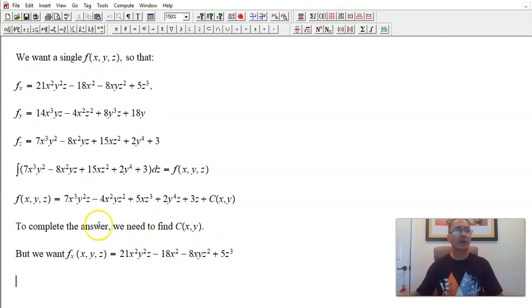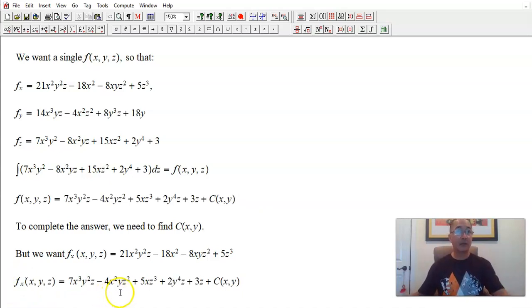So what have we got? Let's copy this over here. What is the partial with respect to x of our preliminary answer? I see an x cubed there, so drop the 3, you're going to get 21 x squared y squared z.